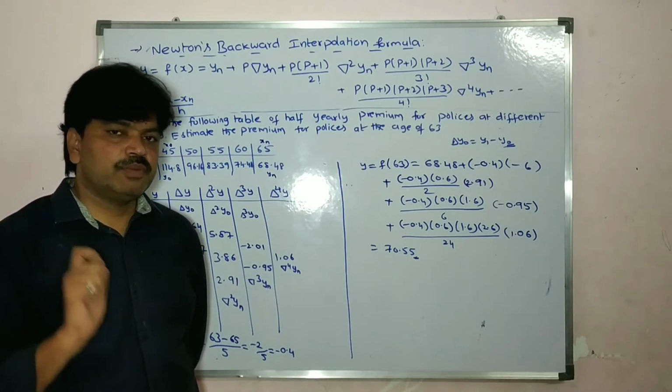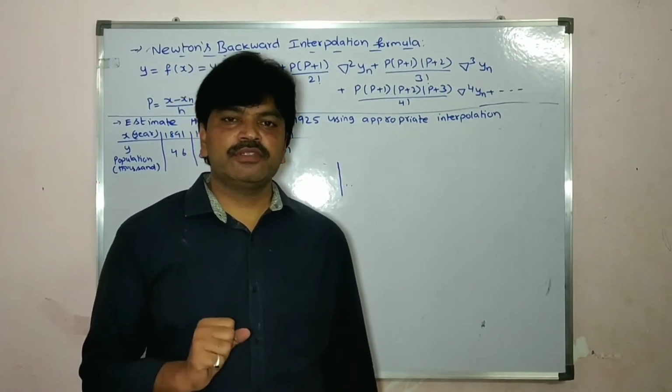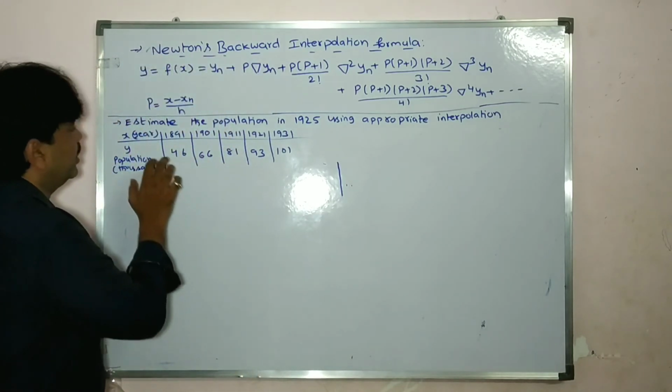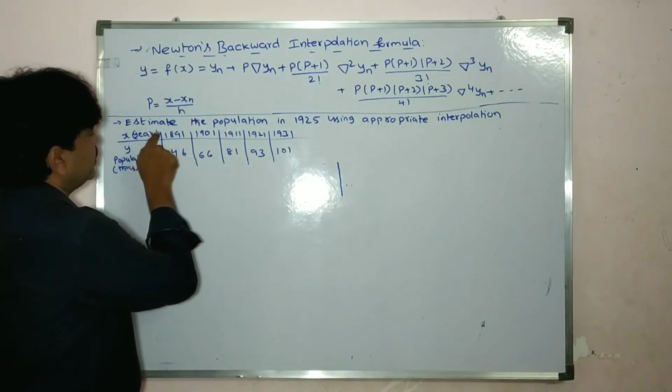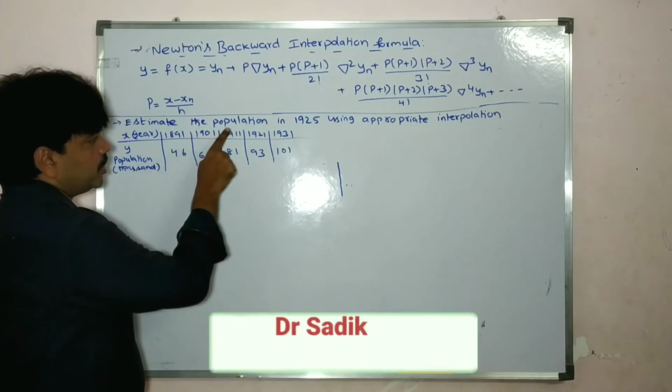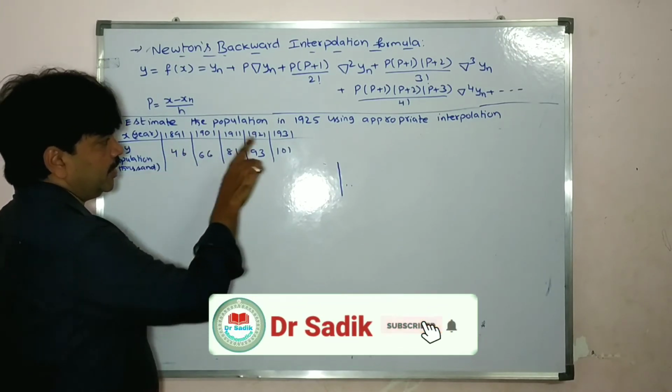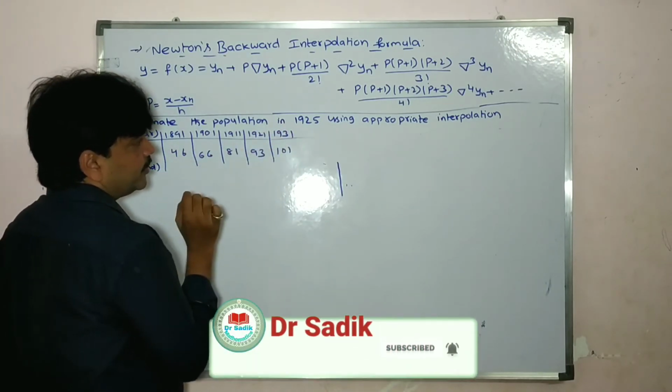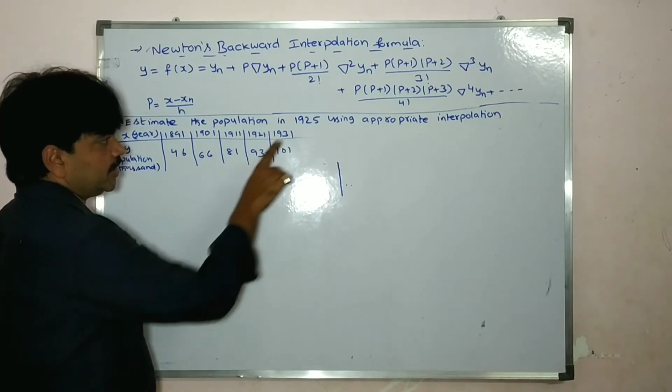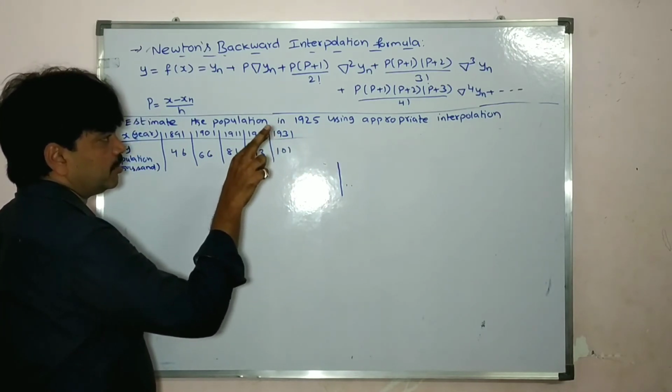Let us see another problem, students. Write down: estimate the population in 1925 using appropriate interpolation.